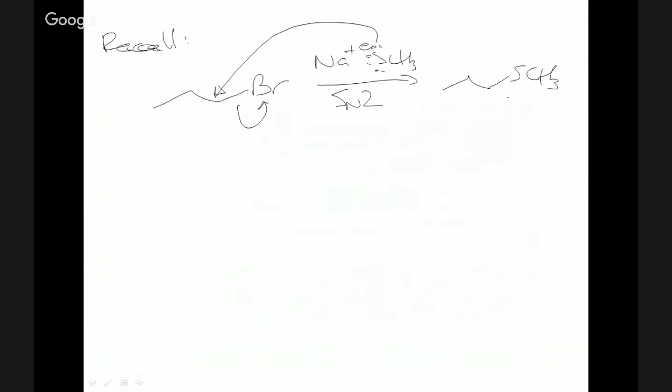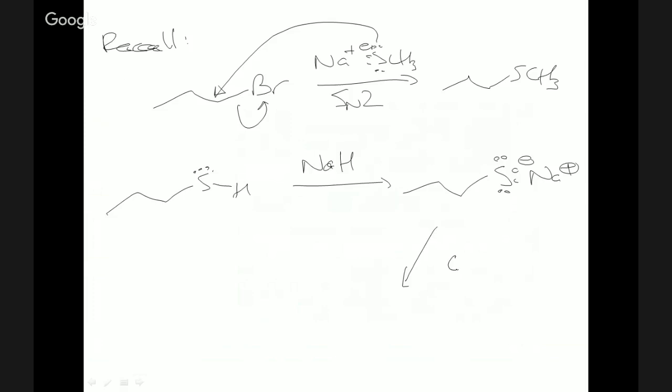You can make these types of products by using sodium hydride, like we showed with alcohols. You can deprotonate with this strong base and generate this negatively charged sulfur that can react with CH3I, and now you make the same product by the opposite direction. Okay, and not a lot on sulfur, but we should be able to use sulfur nucleophiles.